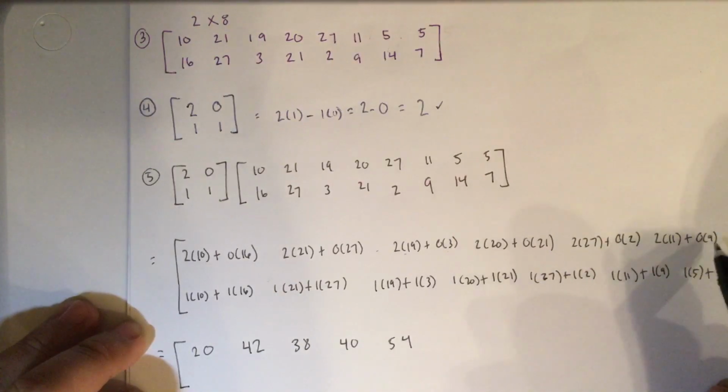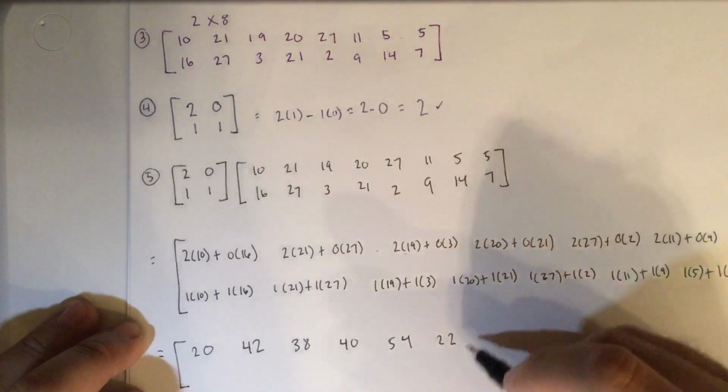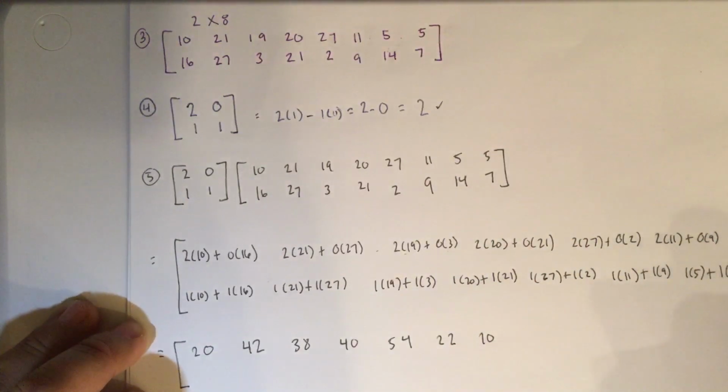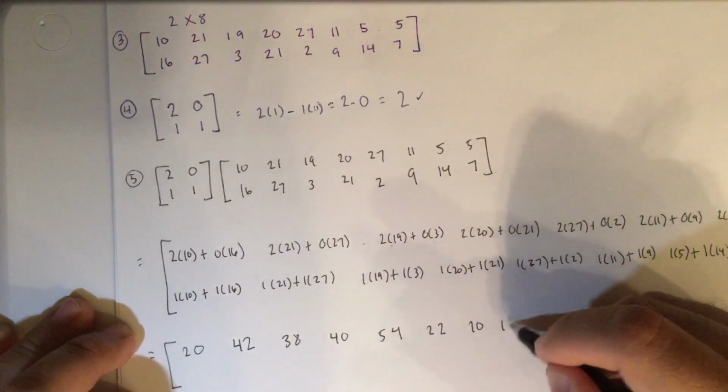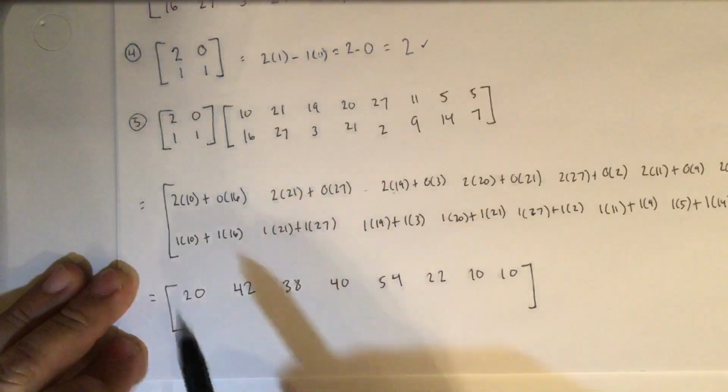Let's see. 22 plus 0. 10 plus 0. And 10 plus 0. All right, and then we go to the bottom.